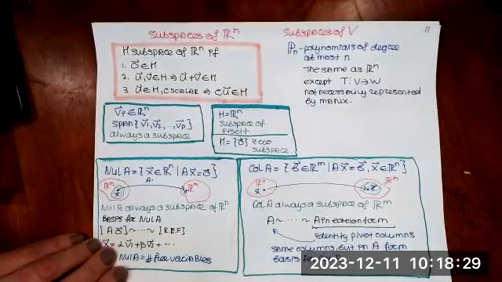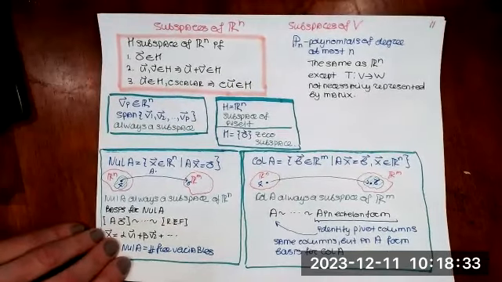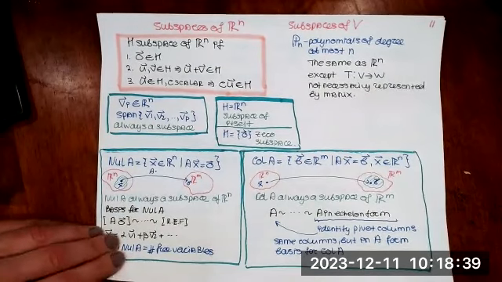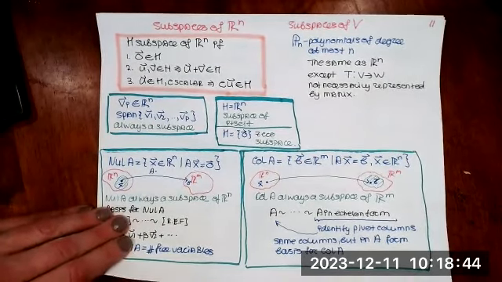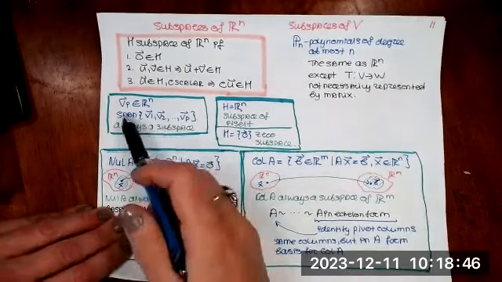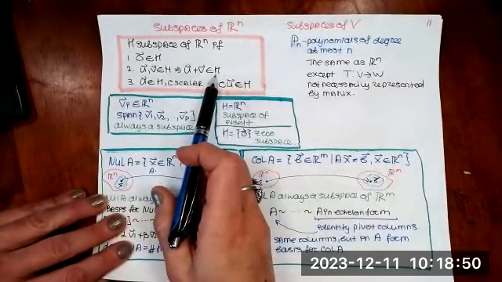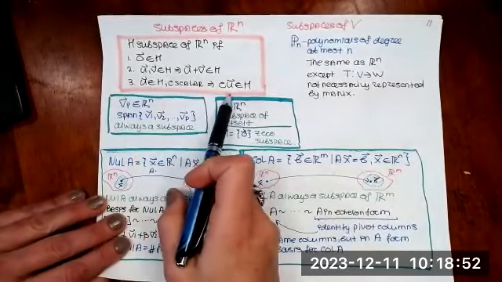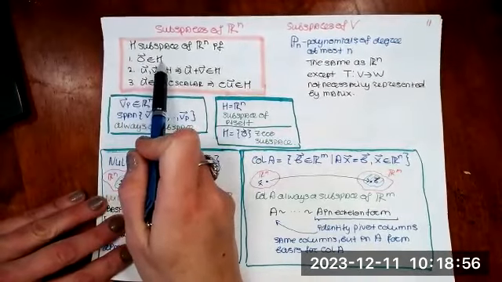We proved all of those are subspaces, but if you're given a set and asked to prove that it is a subspace of Rn, first it has to be a subset, right? For a subspace, you need to show that it's closed under addition, that it's closed under scalar multiplication, and that zero is in that subspace.